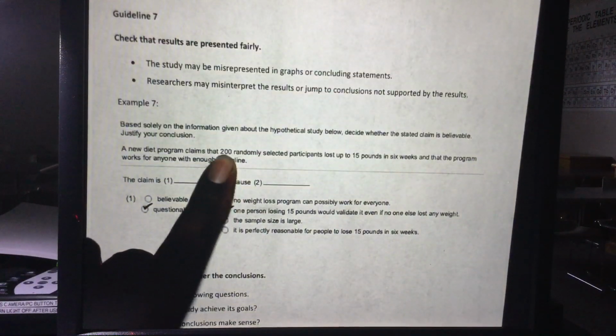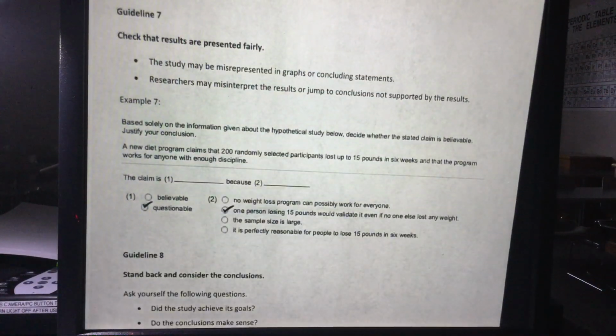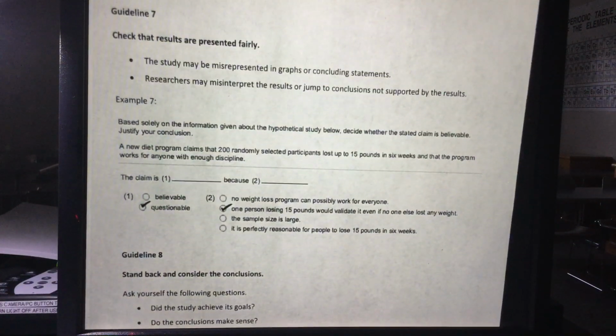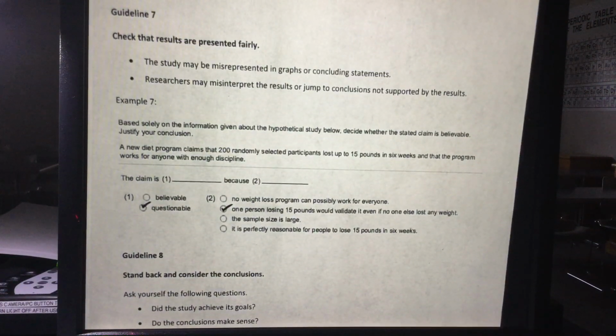And are we sure that 200 randomly selected people will lose 15 pounds? Not really. But one person who lost the 15 pounds could validate that particular study even if no one else does.